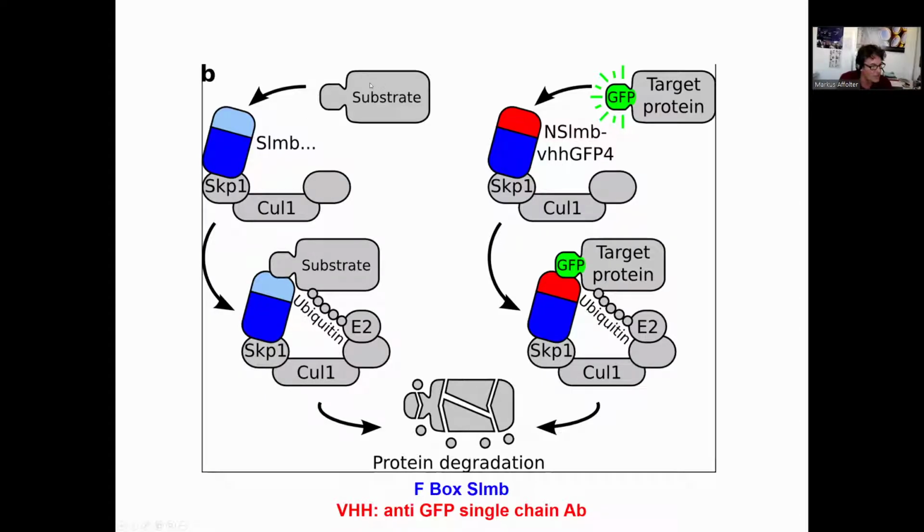So the substrate binds here via this domain and then is degraded. So what Emmanuel did, he used GFP as a substrate, and as the domain that recognizes the substrate here, he used the nanobody. So the nanobody would recognize GFP, and then the GFP protein would be degraded.